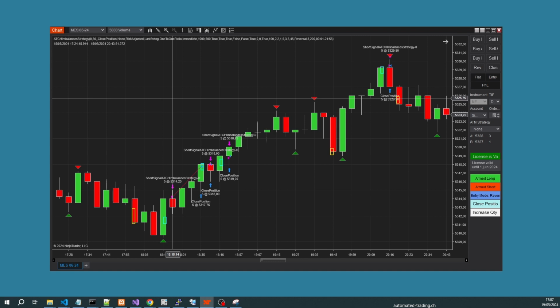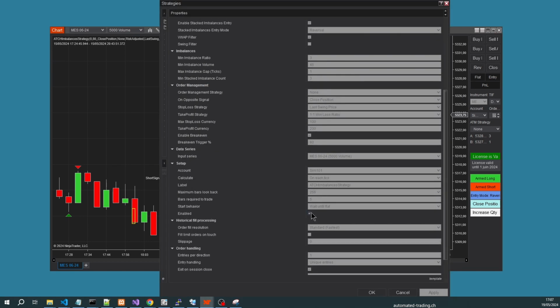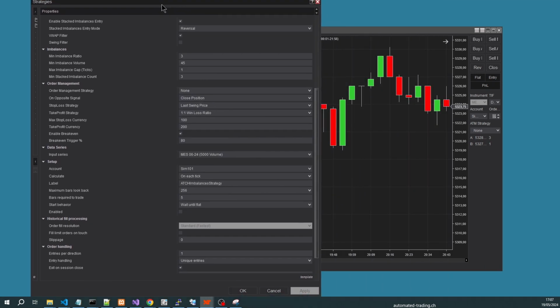And this is because of the stop loss method, which I didn't explain yet. If we go here and look at the stop loss strategy, we see that I have selected a method called last swing price.